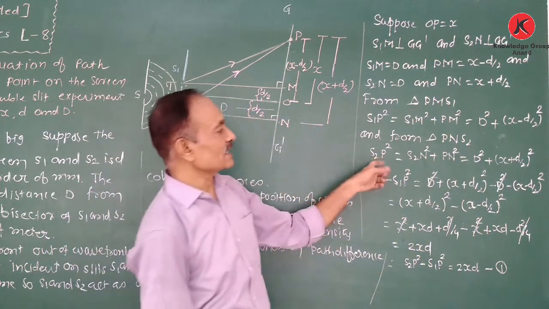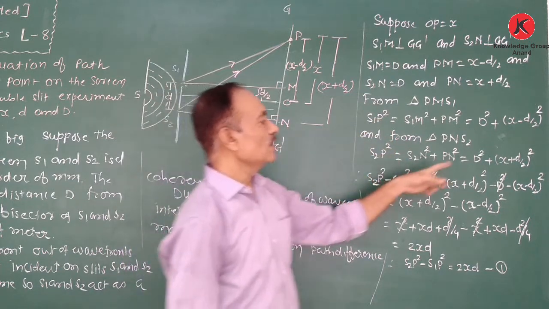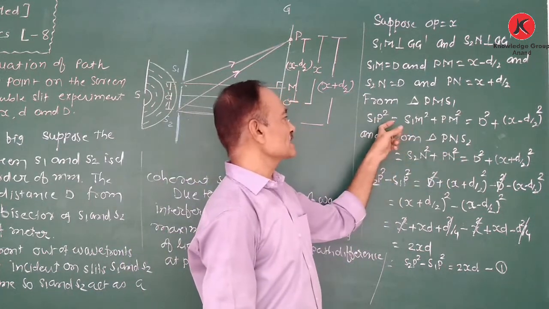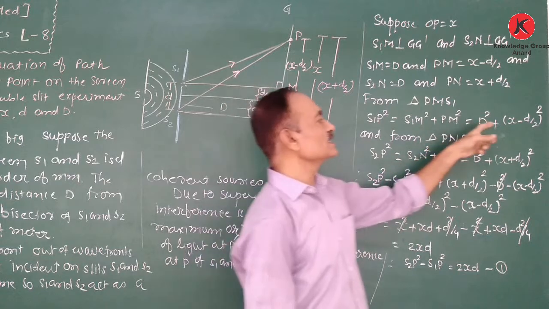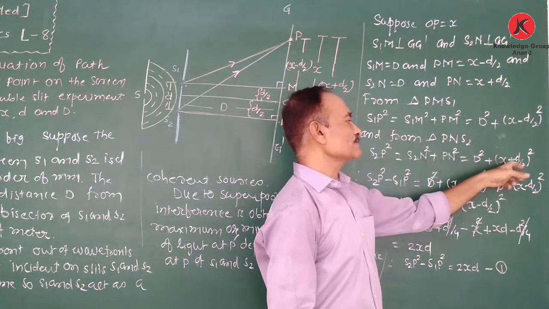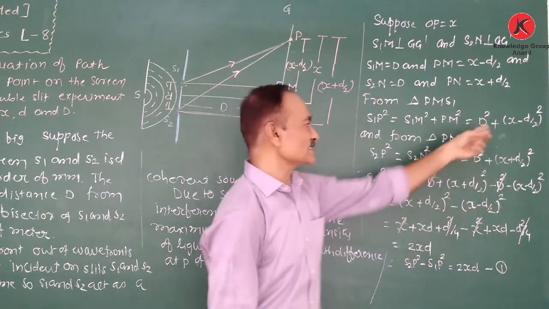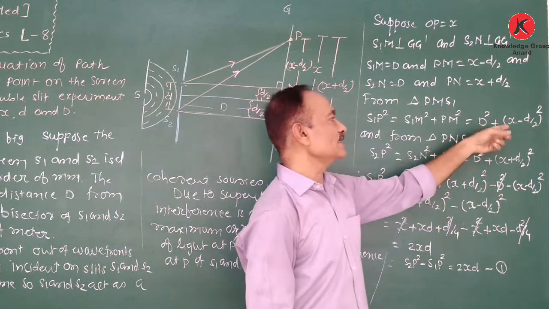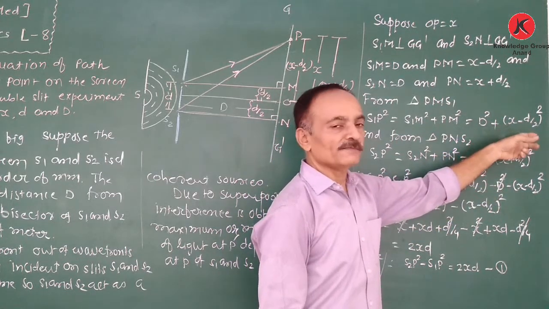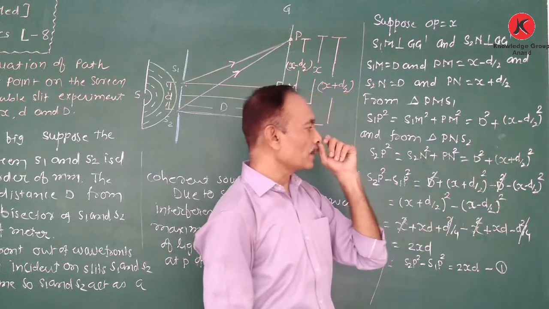Now taking the subtraction of these two equations, S2P square minus S1P square is equal to D square plus X plus D by 2 whole square minus D square minus X minus D by 2 whole square.